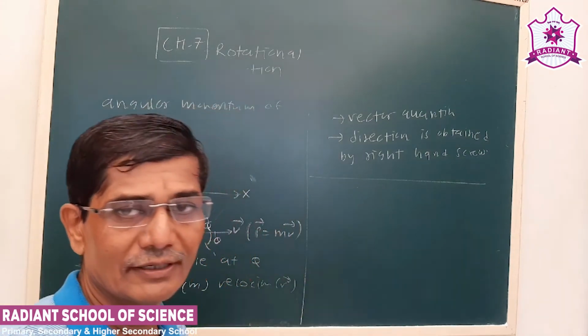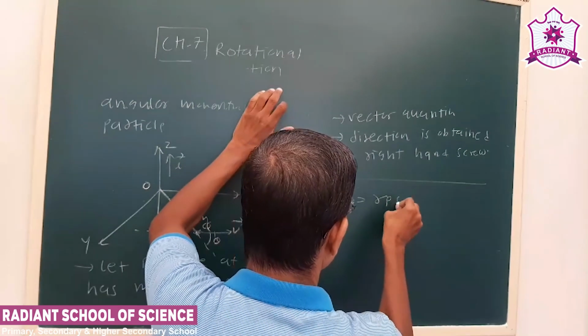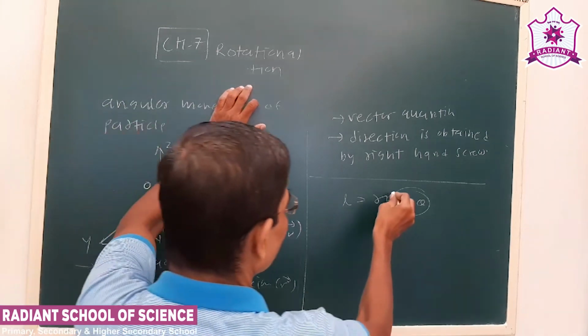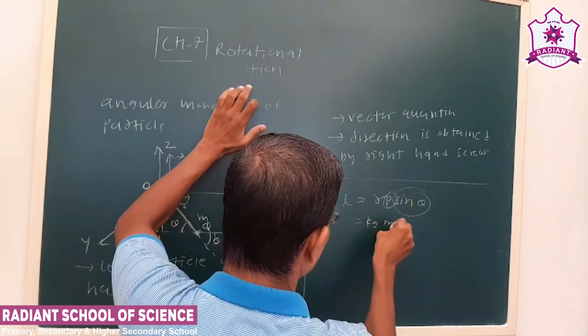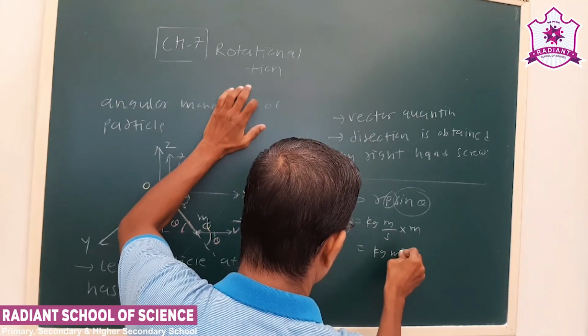Now this is also a new quantity for us, so we should know about its dimension. L is equal to RP sin theta. Sin theta is dimensionless. Momentum is kg meter per second, and position vector is in meter, so kg meter square per second.